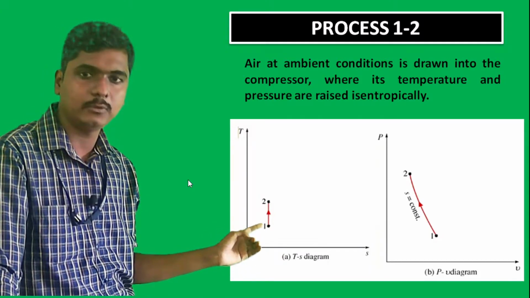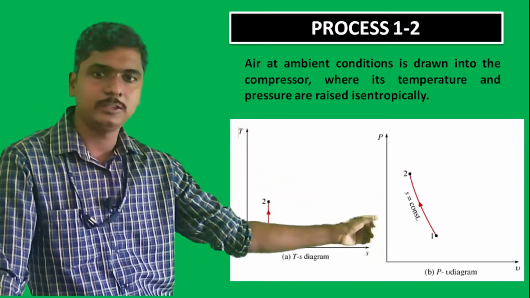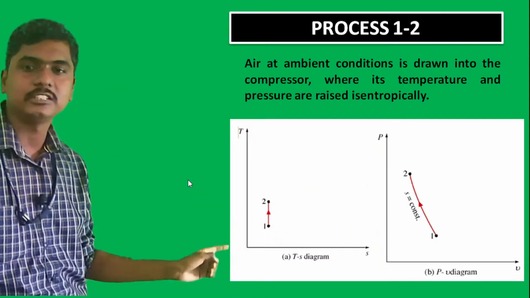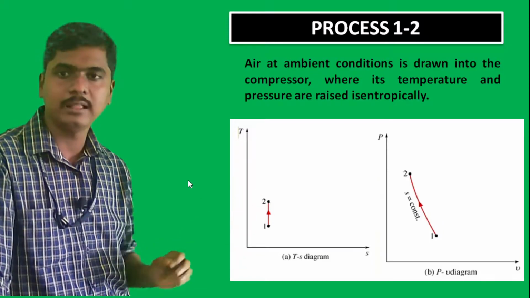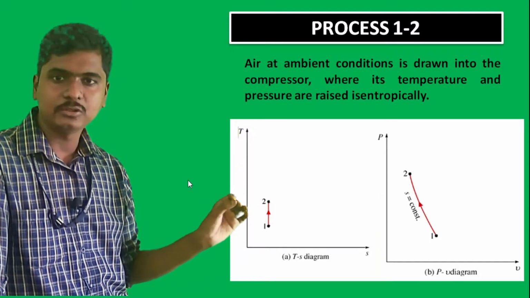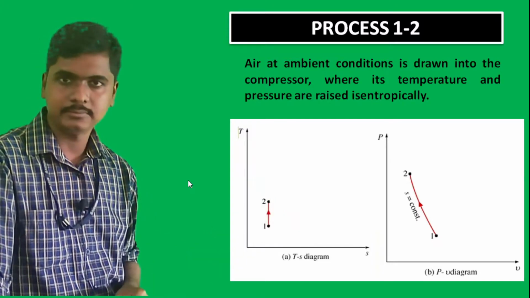Temperature will increase from 1 to 2, pressure will also increase from 1 to 2 at constant entropy. That's why process 1 to 2 is called a reversible adiabatic process or isentropic process.